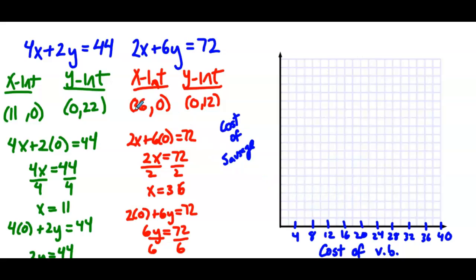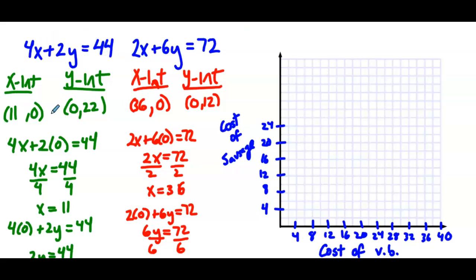And then we need to scale the y-axis so 22 and 12 fit. They're both divisible by 2, and the easiest thing is to scale by 2s again. So every 2 boxes will be 4 then. So 8, 12, 16, 20, 24. And we don't have to go any higher.